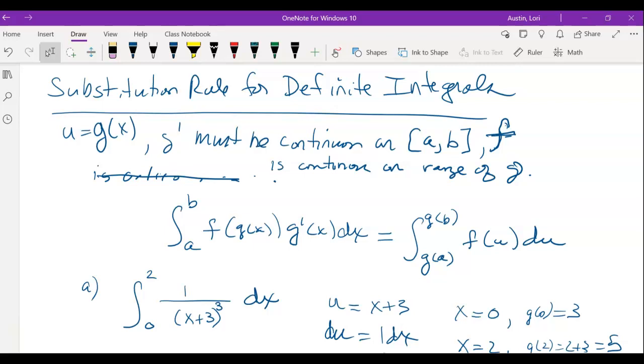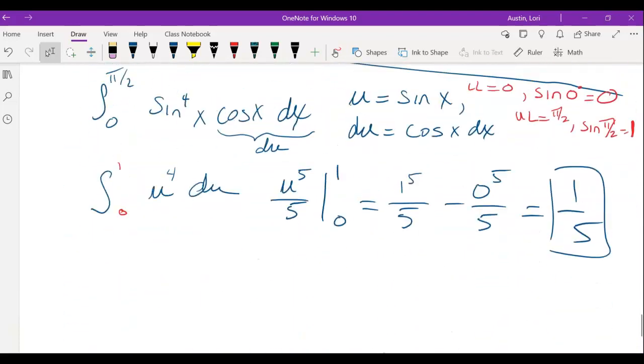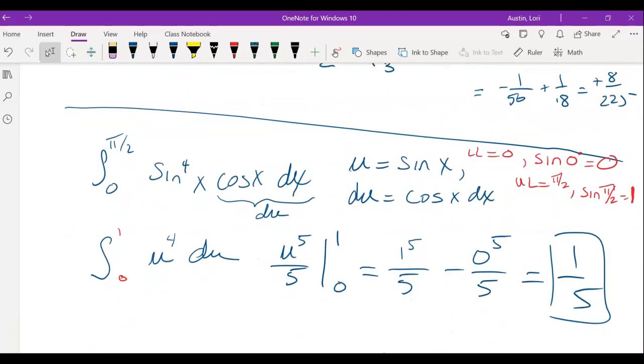So when we come down here, we took 0 and said, okay, what's sine of 0? Sine of 0 is 0. The upper limit is pi over 2. What's sine of pi over 2? Just 1. And we switched it from 0 to pi over 2 to 0 to 1.